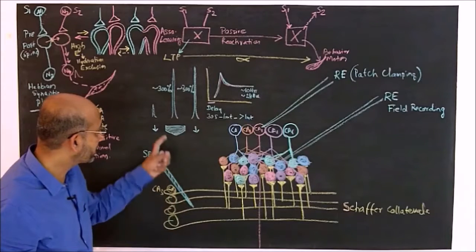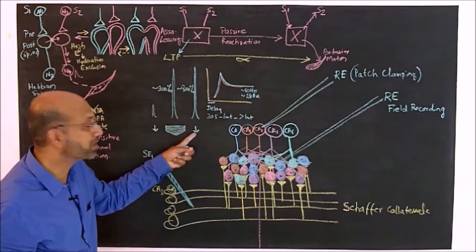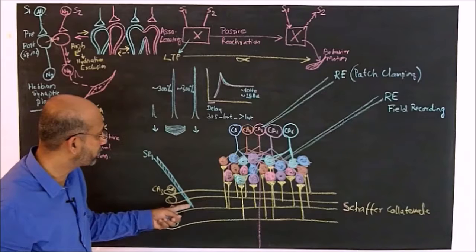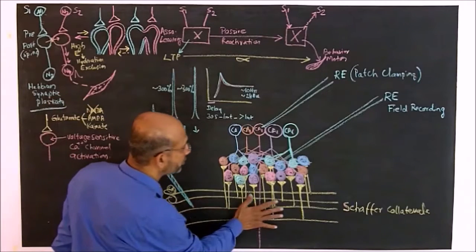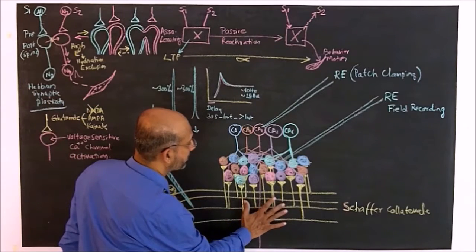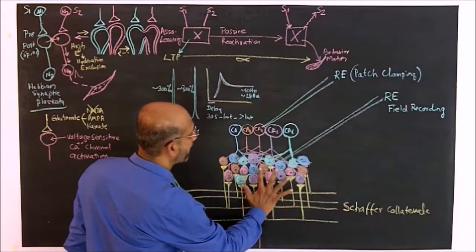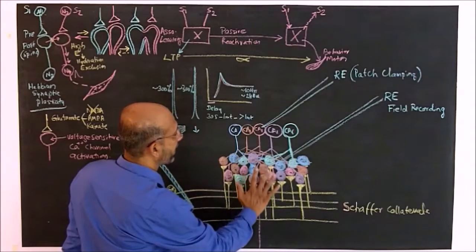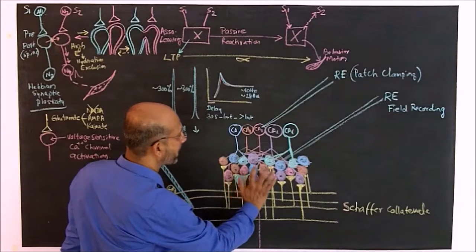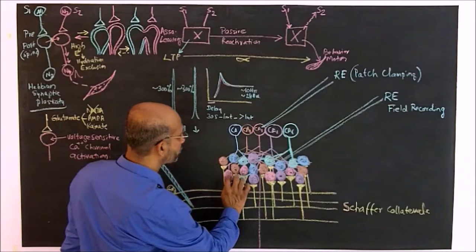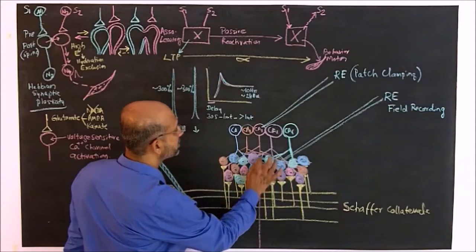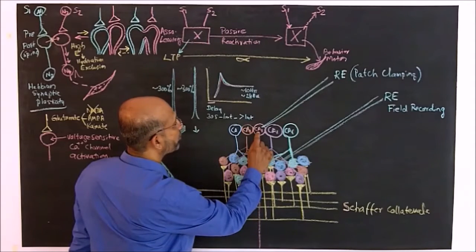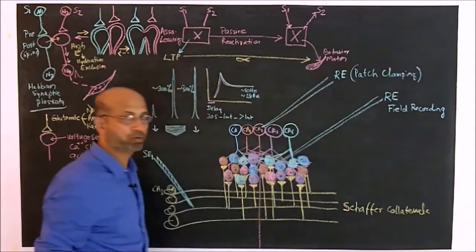So that at a later time, when a regular stimulus is applied at the stimulating electrode, that stimulus will go through these axonal terminals, propagate through all these synapses, and then reach all these dendritic spines, and then they will summate and reach through these 4 dendritic spines to this CA1 neuronal soma from which recording is carried out.